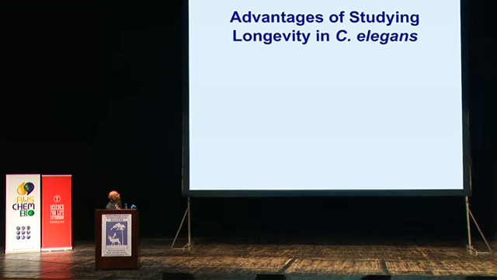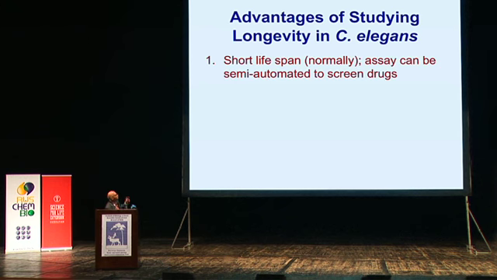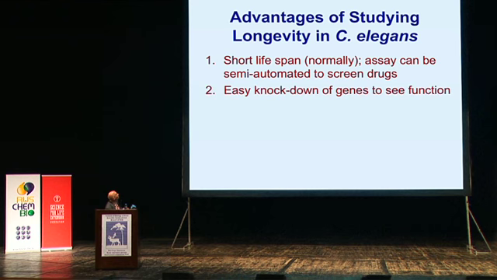Next slide, please. So there are many advantages of studying longevity in C. elegans. Next slide. You have to keep hitting, so I'll just say next, and it'll be the next one. So it has a short lifespan, normally about 3 weeks or a bit less, so you can do very quick assays, and it can be semi-automated. Next.